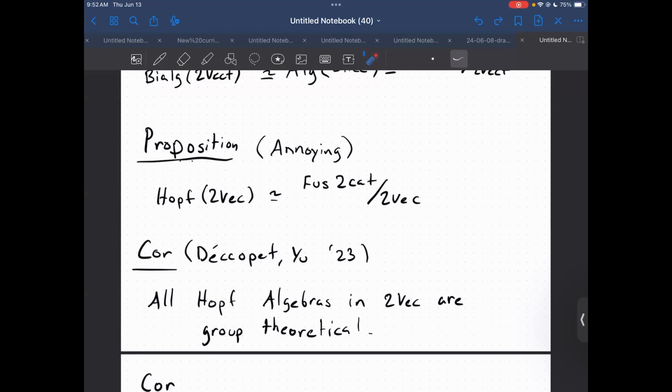And so we have an abstract description of these in terms of some groups and some cohomology classes that have some prescribed behavior. So in a very loose sense, we know all the Hopf algebras in 2Vec. It remains to do some computation to figure out what they actually are. But in a loose sense, we kind of know them.